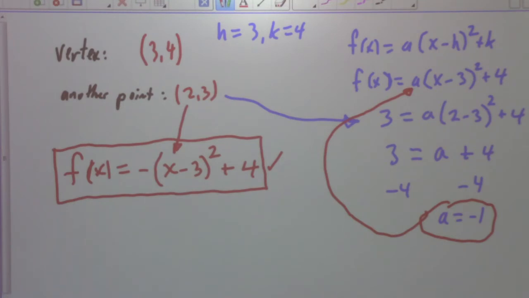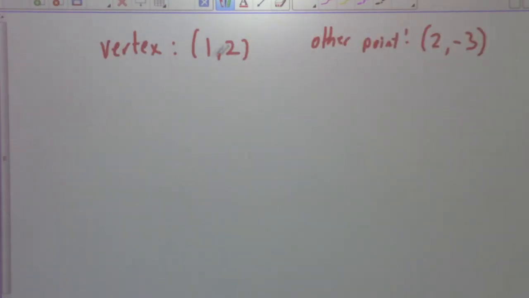Okay, I'm going to give you another example that I want you to work individually, and then I'm going to make a random selection for somebody to help me with that. Here's the other one. Try this one here, this vertex and this other point.